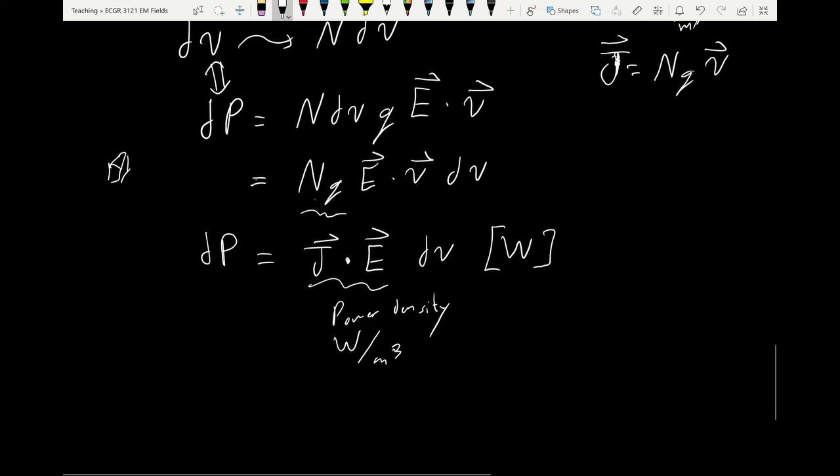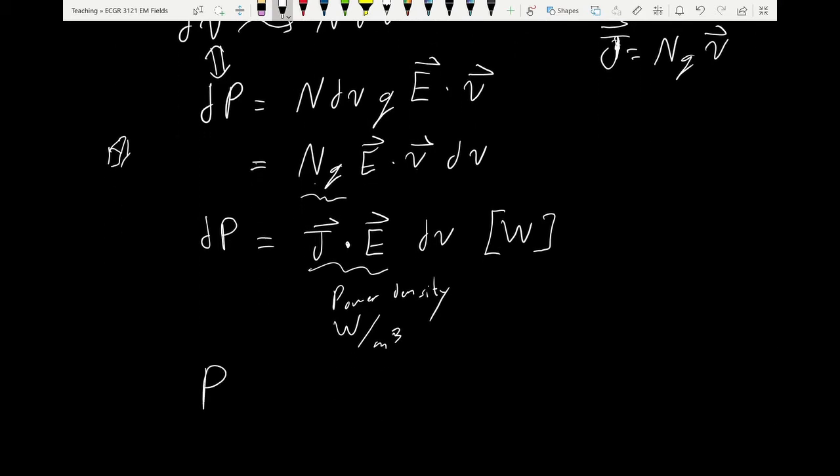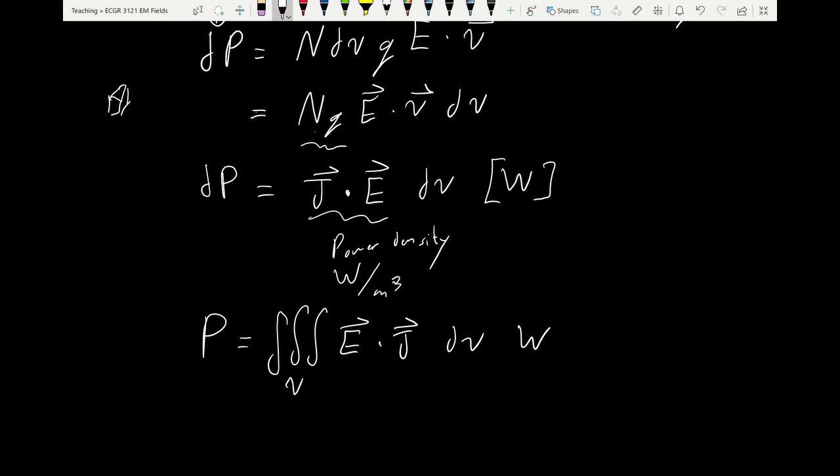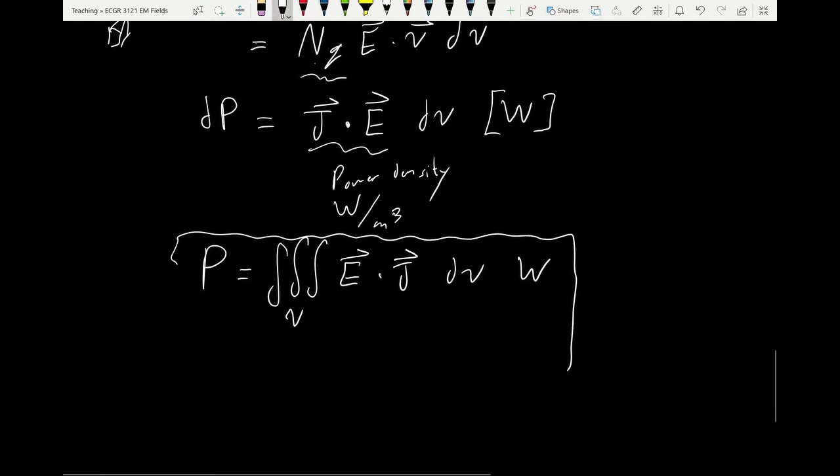So what is the total power that's dissipated in a volume of space? It's just the integral of this power density. The power density is E dot J, times dV. This gives me watts. And those are the power relations. This is Joule's law, actually. So let me write it here.